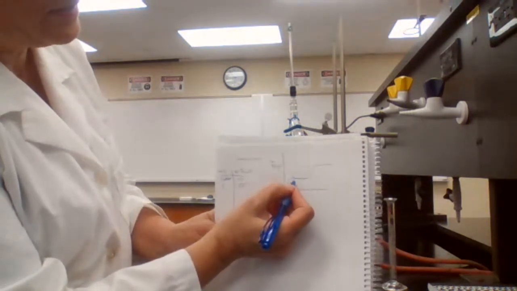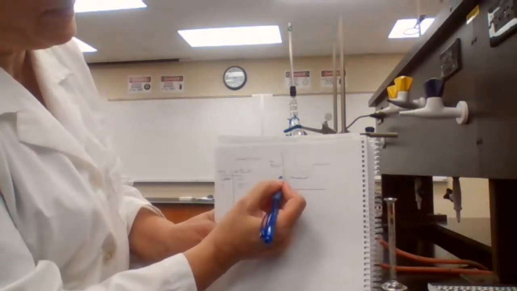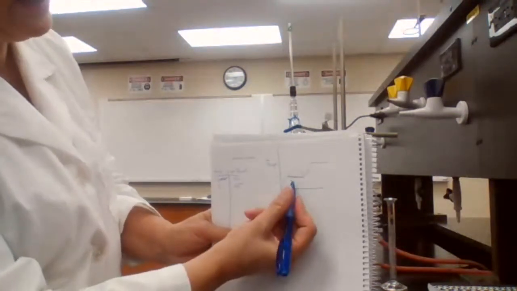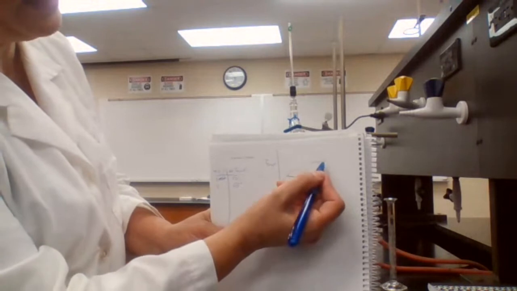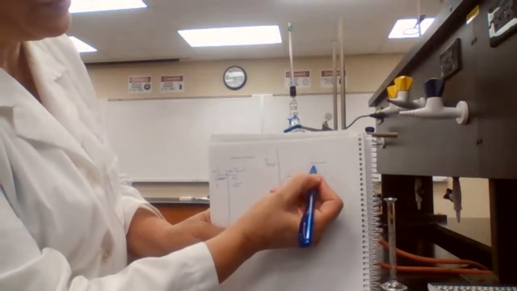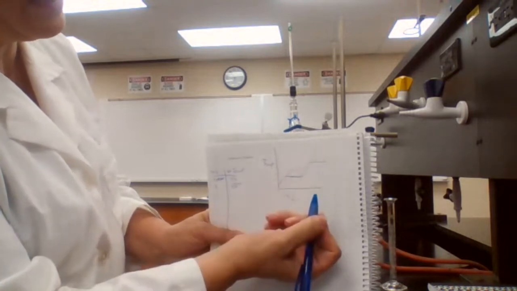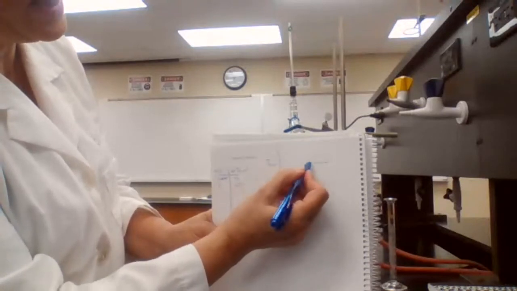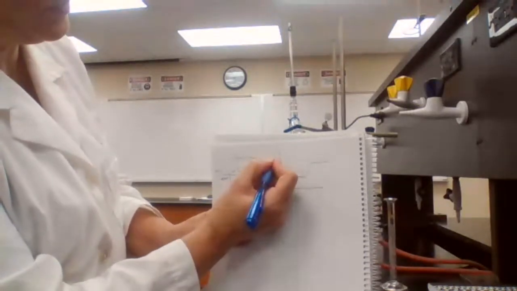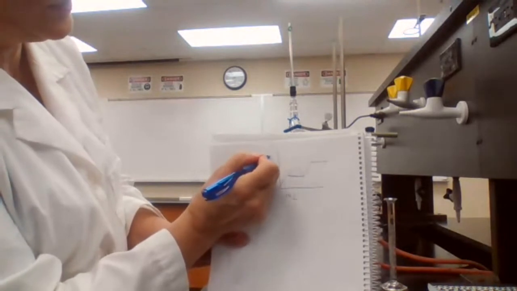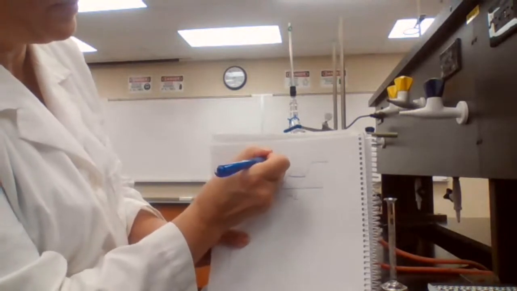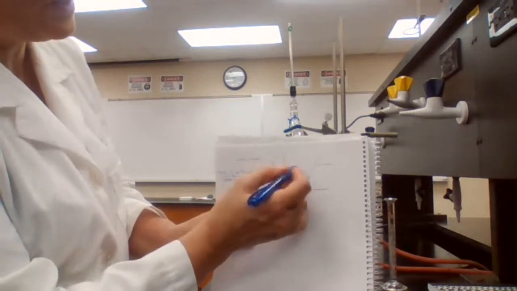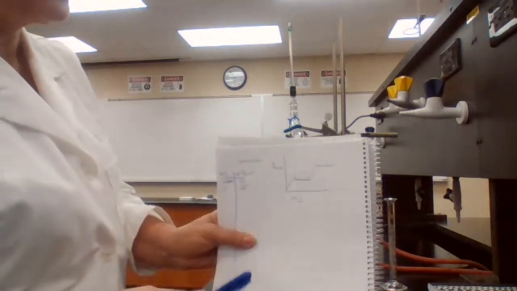During this collection, you are collecting your first compound. Then the temperature is going to increase to reach the boiling point for the second compound. And when the temperature reaches the boiling point of the second compound, so boiling point for the first compound, boiling point for the second compound.